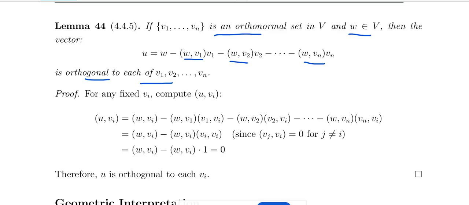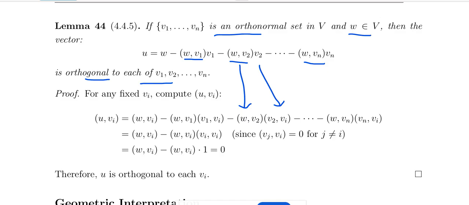So when you compute u comma vi, operating the inner product, u is nothing but this expression comma vi. So we get w comma vi, and here w comma v1 is already there, v1 comma vi, and v2 comma vi corresponding to this one. This portion stays as it is. Operating like this, vi comma vi is 1, otherwise 0.